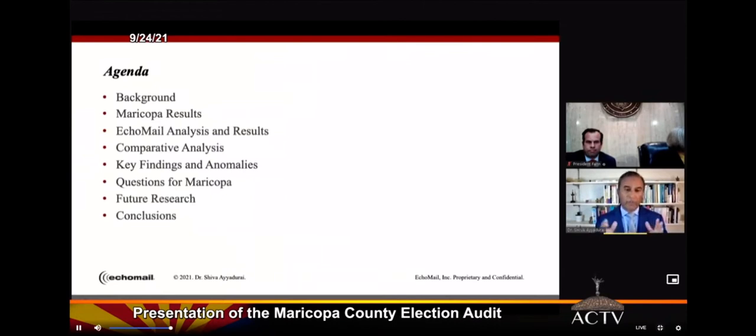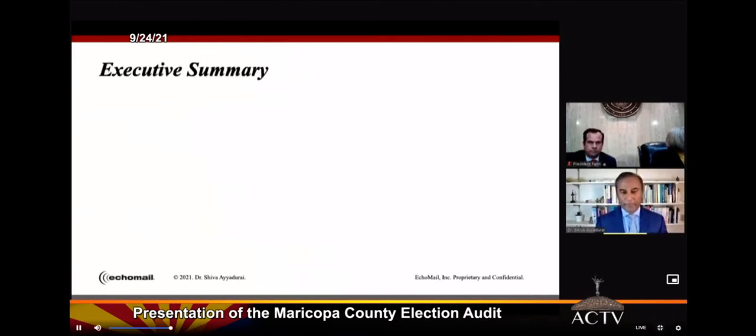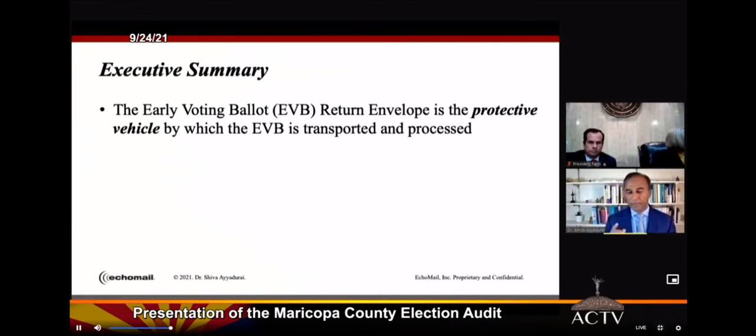We're going to go through what our analysis resulted in, and then compare them, and then report on some of the key findings and anomalies, and then also raise questions for Maricopa officials, and then propose some recommendations. So the executive summary of this, to sort of summarize the whole talk here today, or the findings, is that the early voting ballot return envelope, you really want to think about that as the protective vehicle by which the EVB, which is the early voting ballot, is transported and processed.